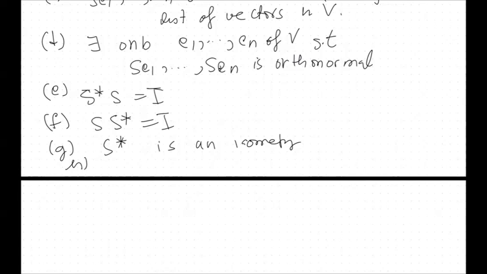And H here, S is invertible, and the inverse is just the adjoint, given that S is an isometry. Okay. Now, I will leave this proof as an exercise and say something about isometries on complex vector space.